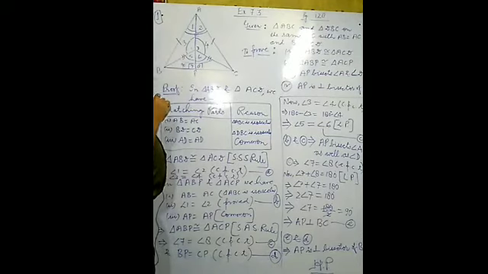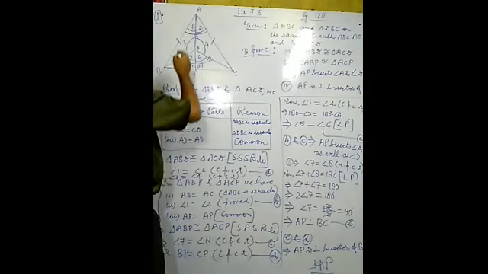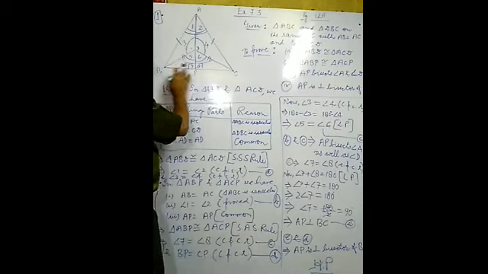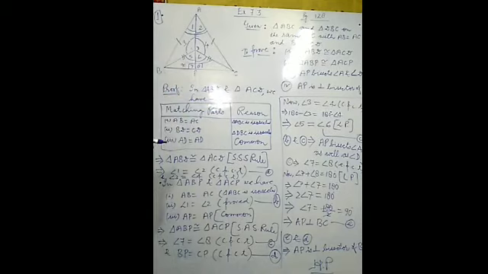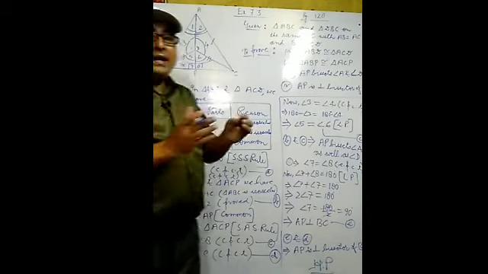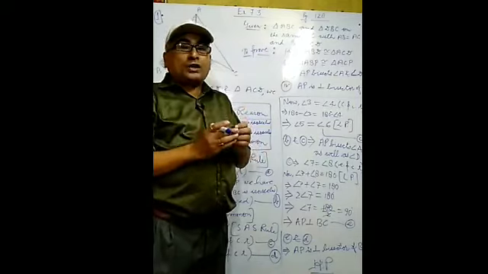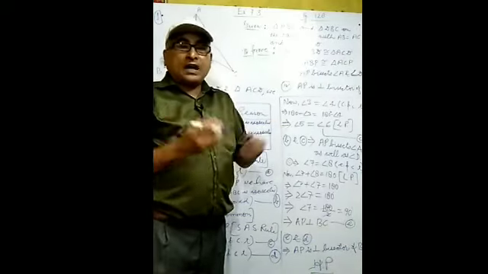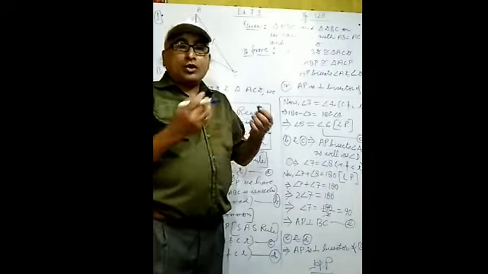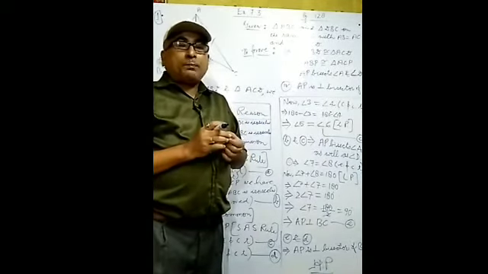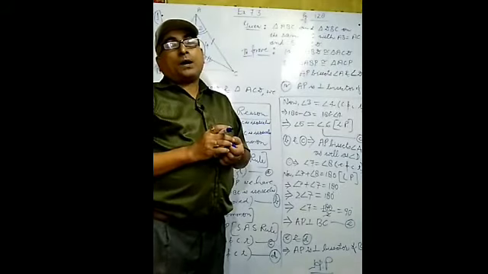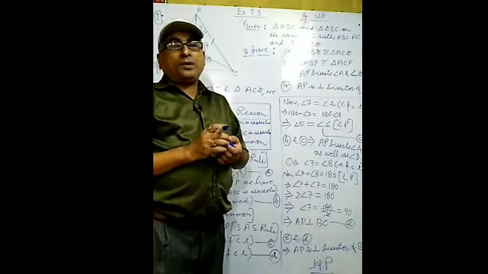Now, just before we have proved that AP is the bisector of BC. Again we have proved AP is perpendicular on BC. If we combine both the results, we can draw the result that AP is the perpendicular bisector of BC.